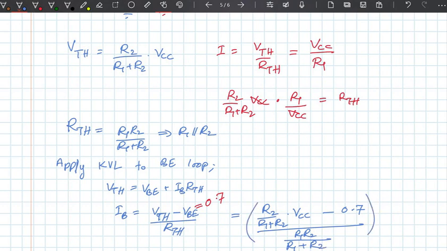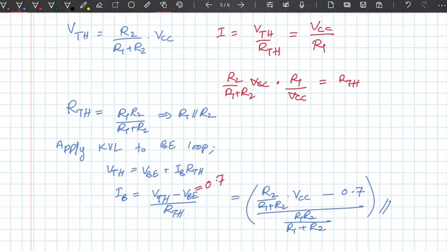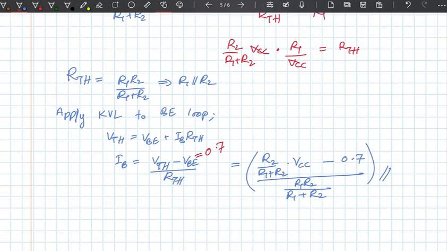You can simplify if needed, but basically you can find an expression in terms of known quantities for the base current. These are the DC conditions, so this is the quiescent base current or IBQ.